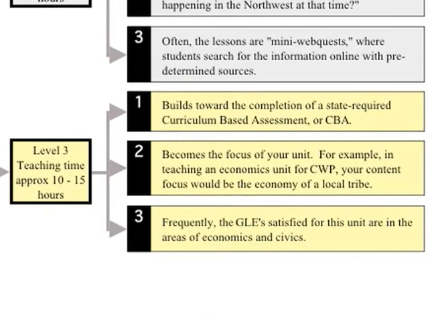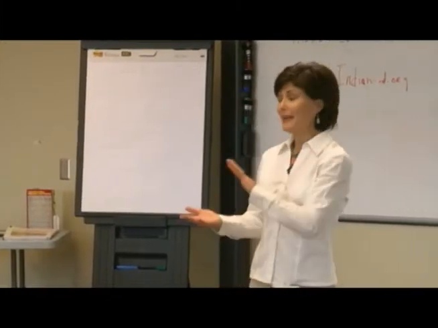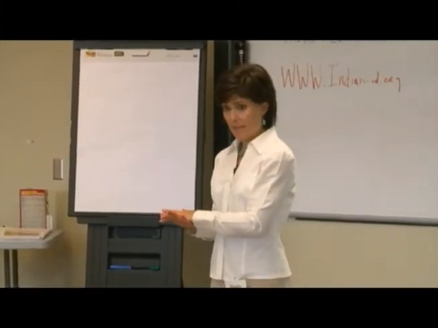And the level 3 means that, let's say I'm teaching the American Revolution and I choose to do a level 3. That means my American Revolution unit is going to take a tribal focus. So I'll still be teaching the American Revolution, but what I will be including alongside those important concepts and events is also what was happening with tribal people during that time.